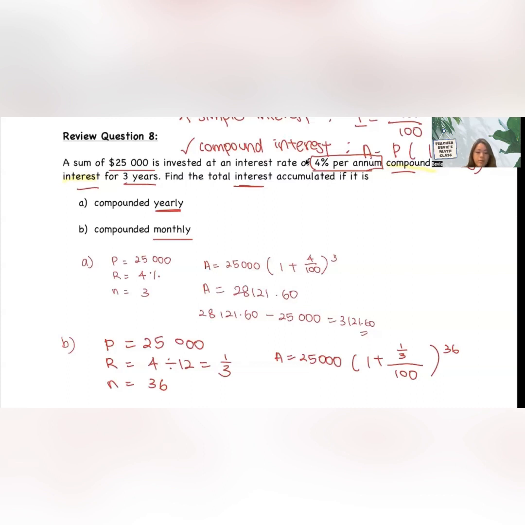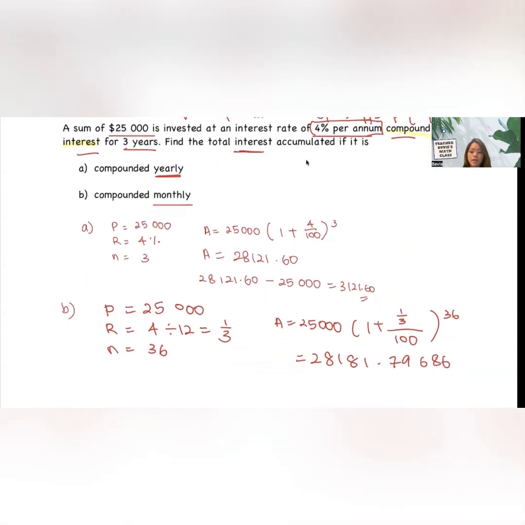So with the help of my calculator again, I should get 28181.79686. Okay, so I will leave the answer as it is first, and I will only round off at the end of my final answer.